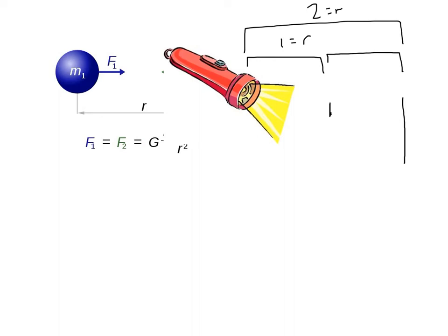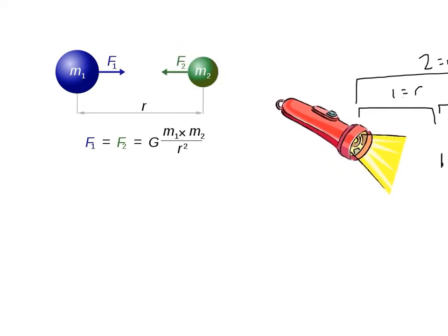So now it gets larger. And you might ask, well, how much larger does it get? And actually what we see is that gravity gets spread out, so it gets weaker over that area, and gets spread out according to the square.